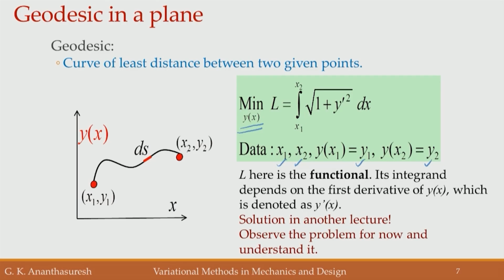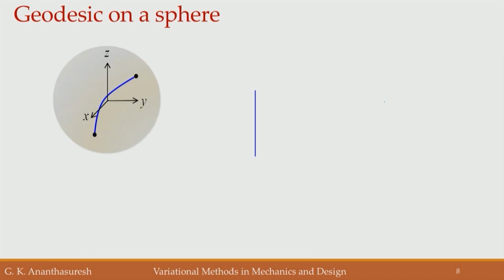Let us first understand how these functionals look. That should be our focus, because we will consider a number of problems to look at what a functional looks like and how to formulate it. Here formulation was quite easy, there are no constraints, you just minimize an integral from x1 to x2 of square root of 1 plus y prime square dx and no constraints.